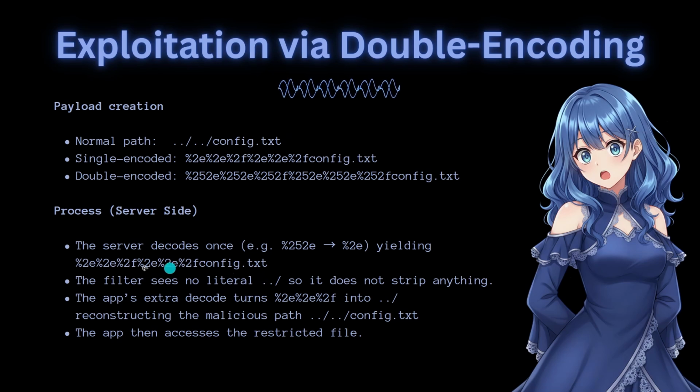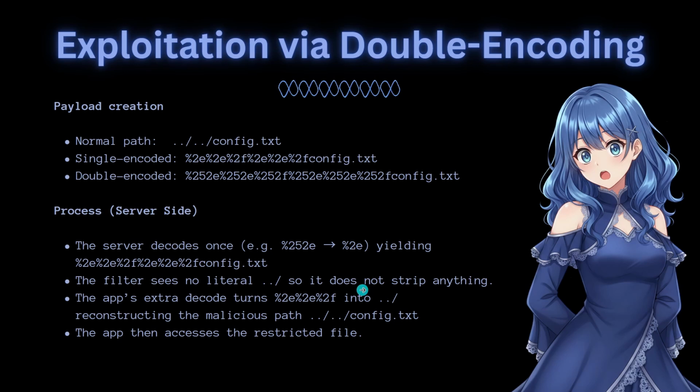Of course, as it is in this format, there is no literal present, that means the dot dot and forward slash. So it does not strip anything, because according to the logic, if it found this, it would strip it. But as this is found only after decoding, it does not strip anything.